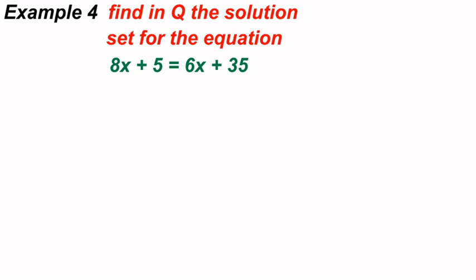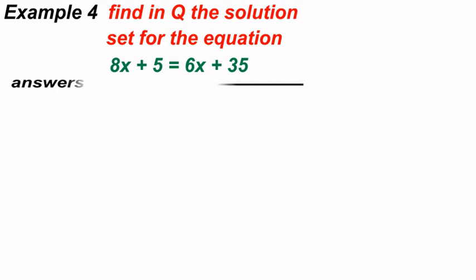Example number 4. Find in Q the solution set for the equation 8x plus 5 equals 6x plus 35. As you see, there are two terms that contain the x, 8x on the left side and 6x on the right side.